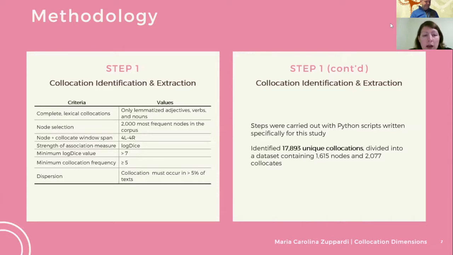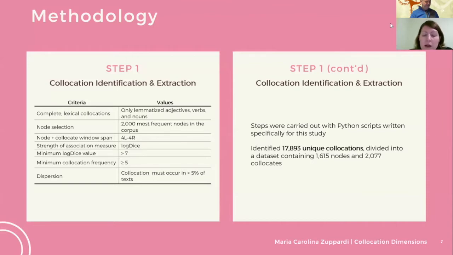One thing I want to point out is that I started out selecting the 2,000 most frequent nodes. That was my first filter. Afterwards, the criteria that are here were applied to the node and collocate pairs, so I did end up with fewer than 2,000 nodes because of that. All the identification and extraction were carried out with Python scripts written specifically for this study.